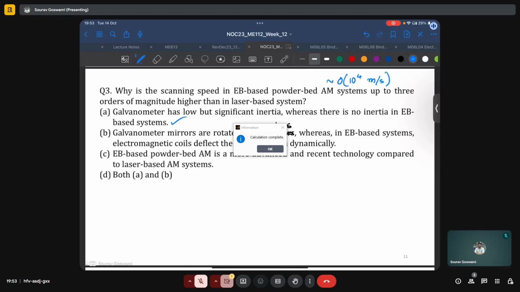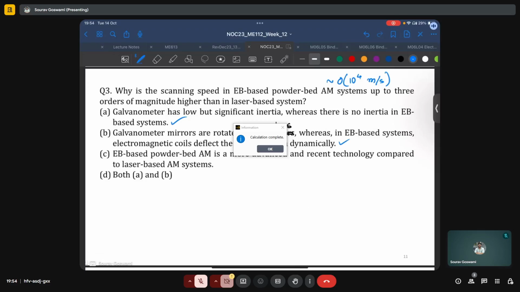Second, galvanometer mirrors are rotated using motors, which still requires some finite time, and there will be some delay or lag associated with the control logic. Whereas in EB based systems, the electromagnetic coils deflect the electron beam dynamically, which is a much faster process compared to the rotation of motors.